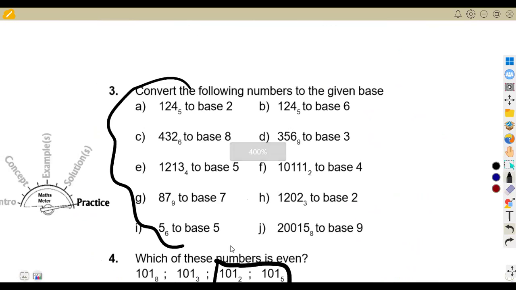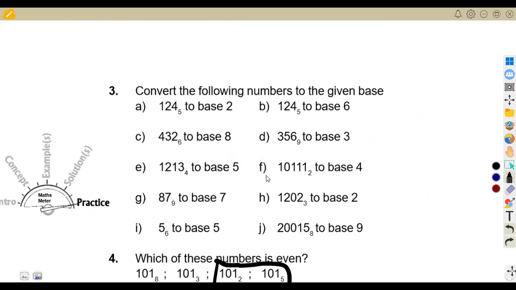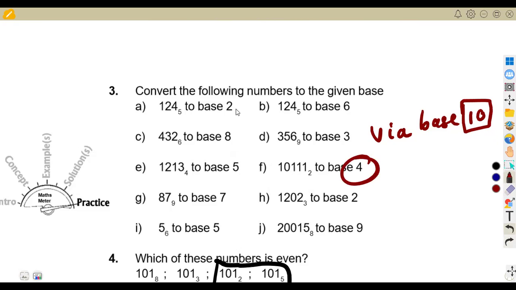Check if you are in the right direction on how to convert from one base to another, which is via base 10, meaning we are supposed to pass through base 10 in order to reach another base. Try those questions, work them out and see if you truly understand this part of your number bases.